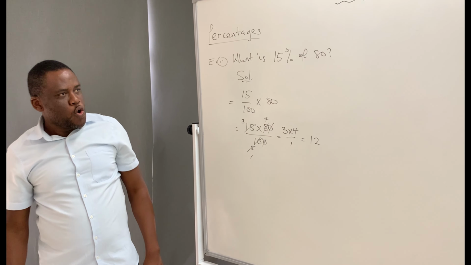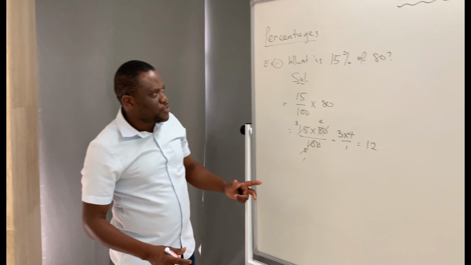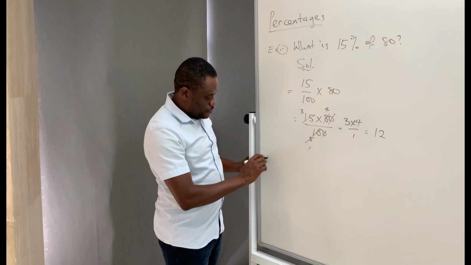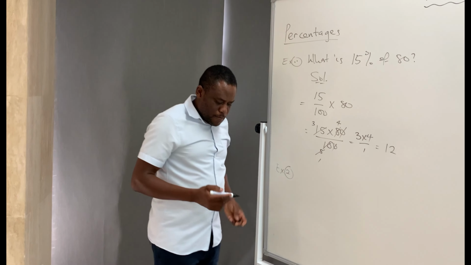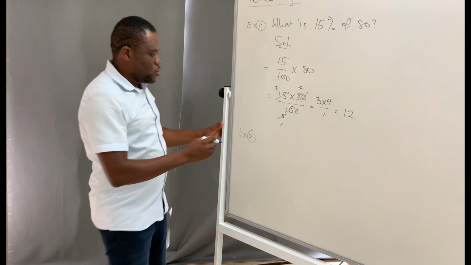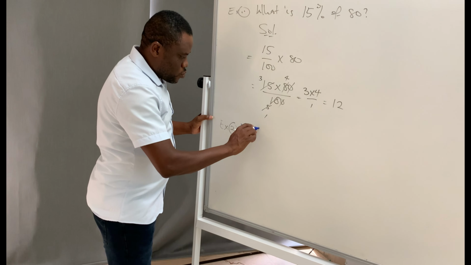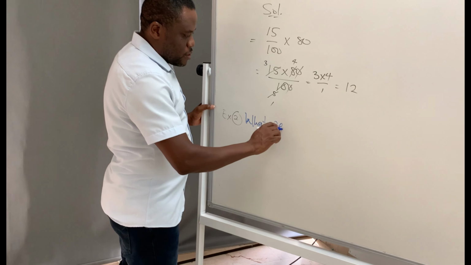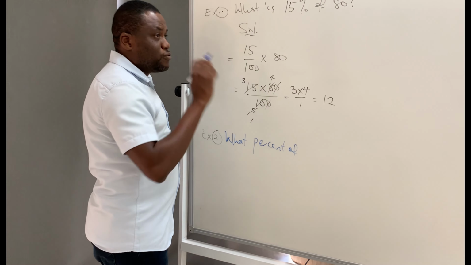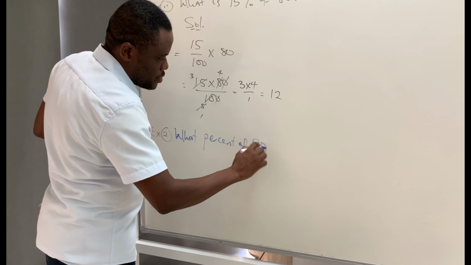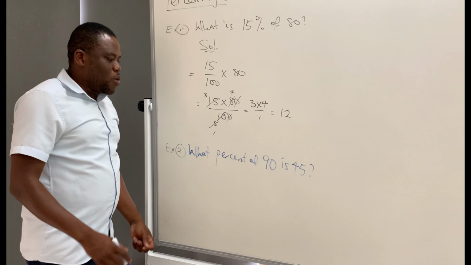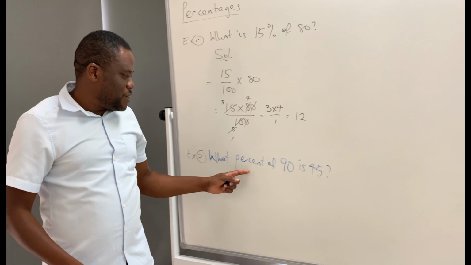Very easy. What if they give us the numbers? Then we should look for the percentage. Example: what percent of 90 is 45?